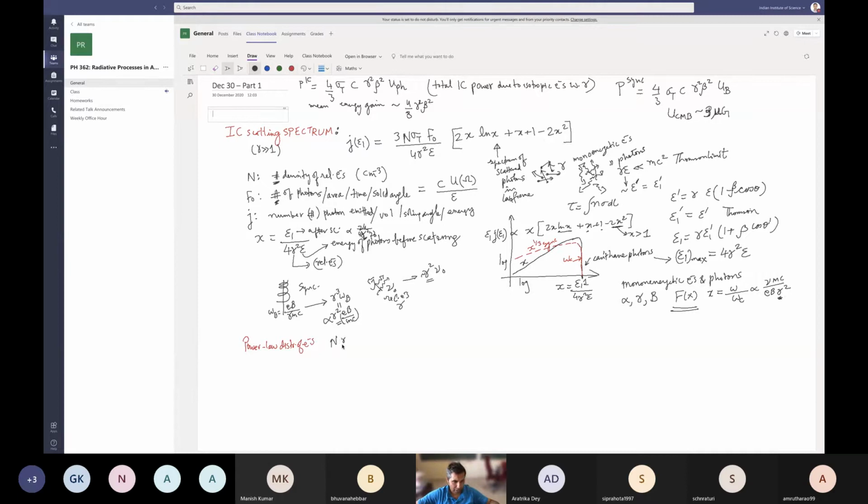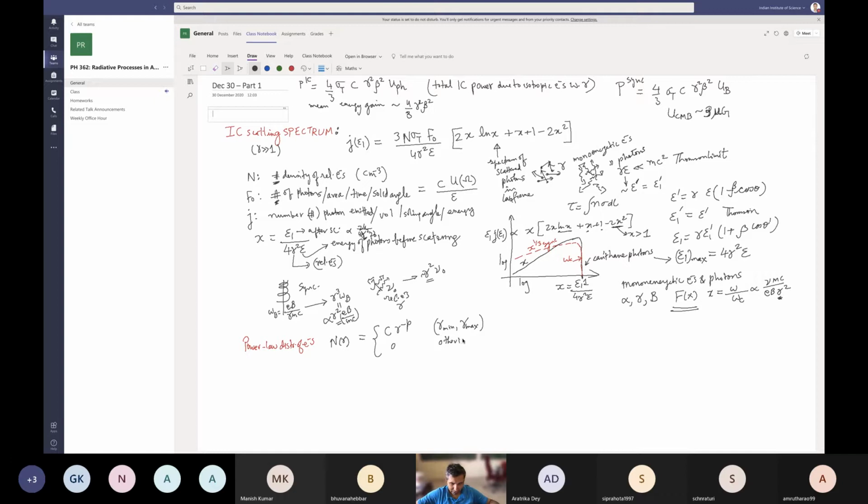So n gamma is equal to, say, a constant times gamma to the minus p for some range gamma min to gamma max. Now we have a range of electron gammas. Here, this was done for a single gamma, and 0 otherwise.